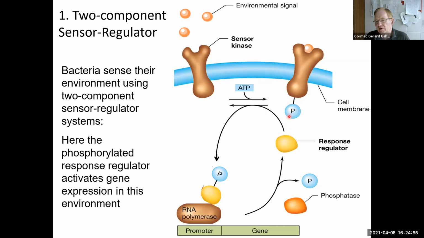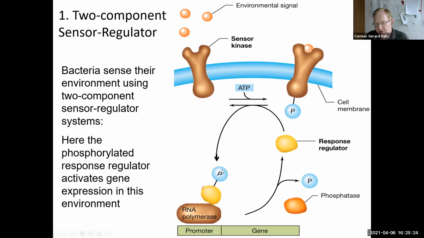Then the response regulator comes along and binds to the phosphate, and becomes phosphorylated. In other words, you get the transfer of the phosphate group to the response regulator. When the response regulator is phosphorylated, it is activated, and it actively promotes the RNA polymerase to bind to the promoter, a bit like a sigma factor.